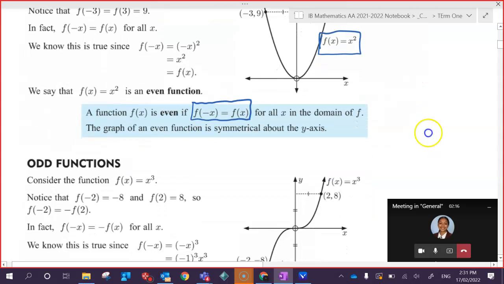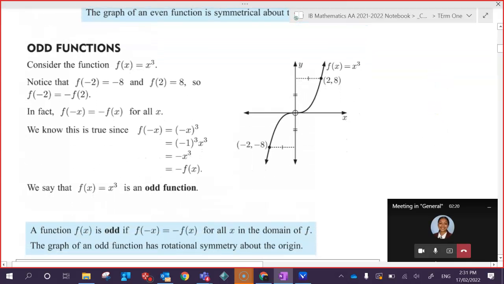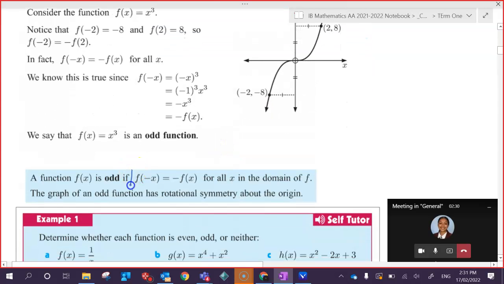All right. Odd functions. If there are even functions, there are also odd functions. A function is odd if f of negative x is equal to the negative of f of x. What does that imply?